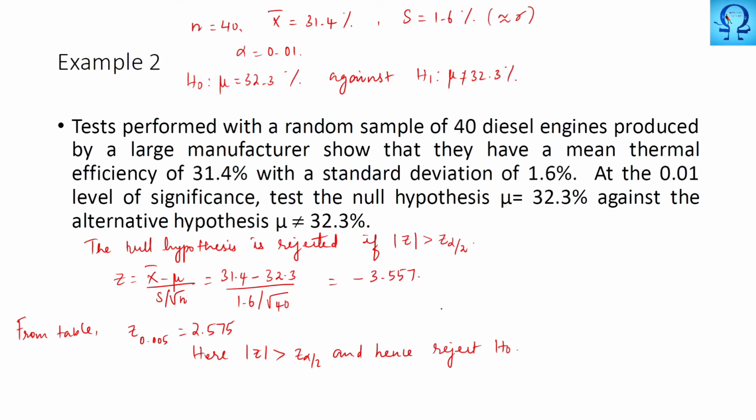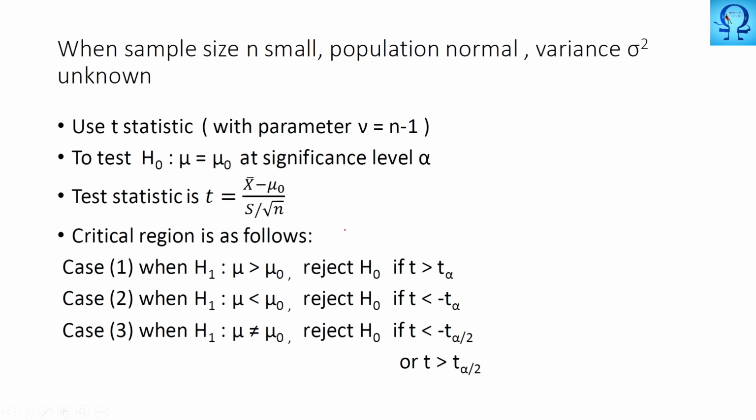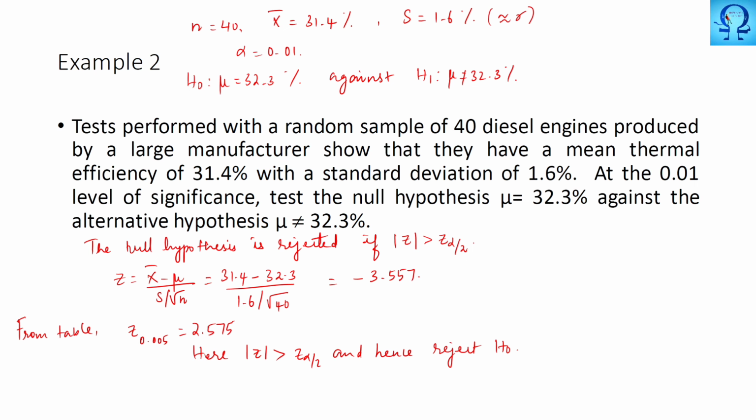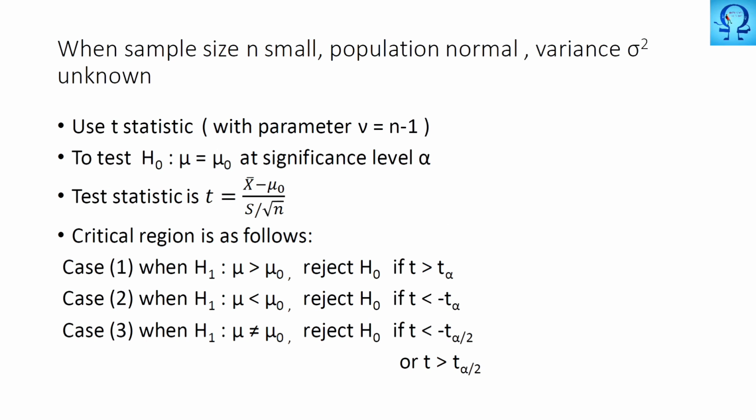Okay, so with which we can say that the mean thermal efficiency of the test is not 32.3 percent. Okay, so that's it for the case of a large sample. In the upcoming video we will discuss the small samples. Thank you.